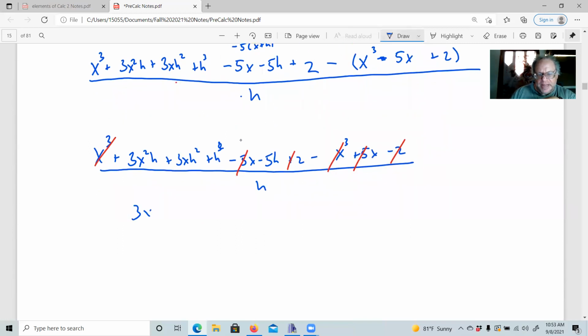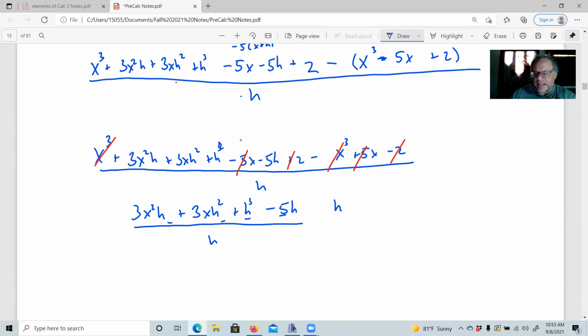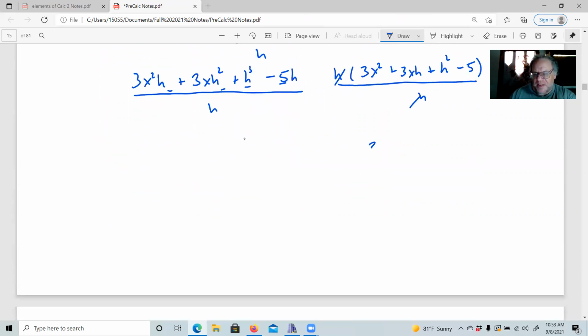We have 3x squared h plus 3xh squared plus h cubed minus 5h, all over h. Notice there's an h in each of these terms. So factor out h: h times 3x squared plus 3xh plus h squared minus 5, over h. We cancel the h's and are left with 3x squared plus 3xh plus h squared minus 5. Handwriting notwithstanding, that's the answer to this one.